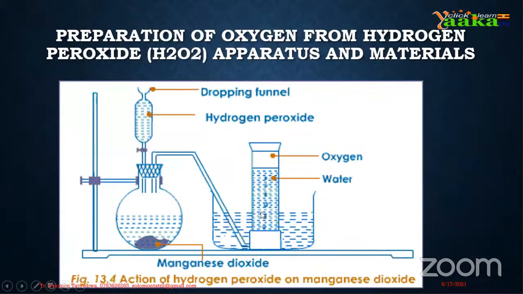Oxygen is collected over water, since it is only slightly soluble in water, so we shall collect a lot of it here. You have a round bottom flask, and no heating is required. In there, you have your manganese 4 oxide, and in the funnel, you have hydrogen peroxide. You open the tap here, and then the hydrogen peroxide meets the manganese 4 oxide.